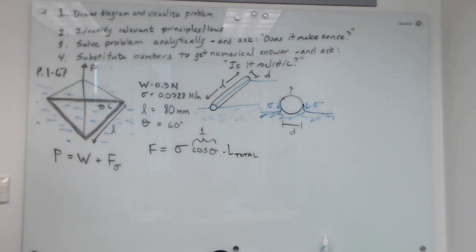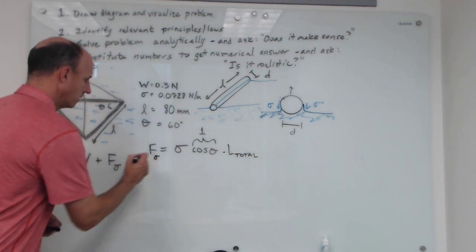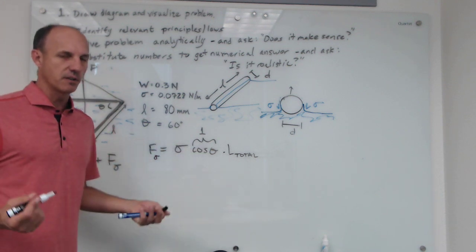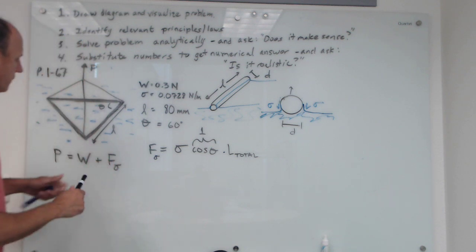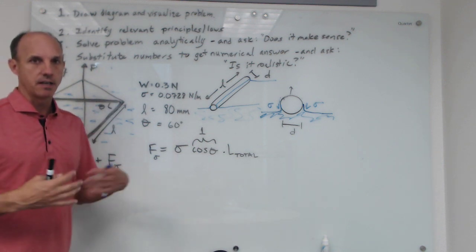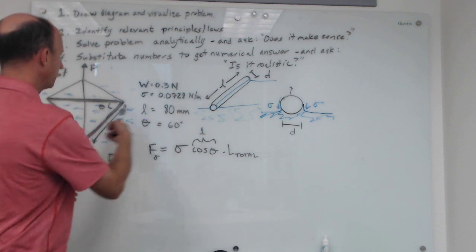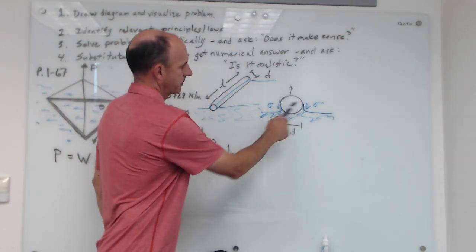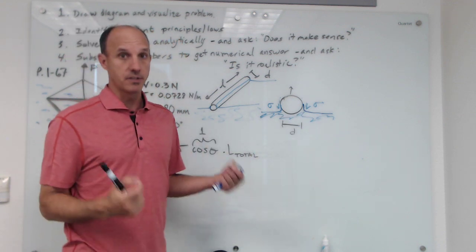Now I've got an expression for the force in terms of some total length, and we need to think carefully about what that length is. Going back to this diagram, I've got a length here, a length here, and a length here. Your first inclination might be that 3 times L would give the length. But keep in mind that the rod has the liquid contacting it on both sides.